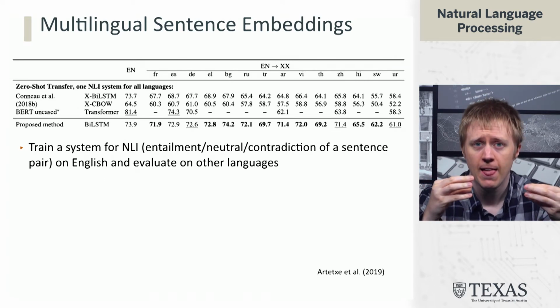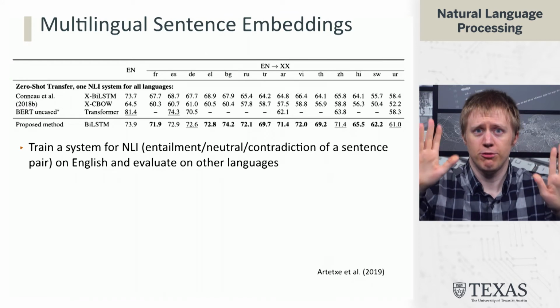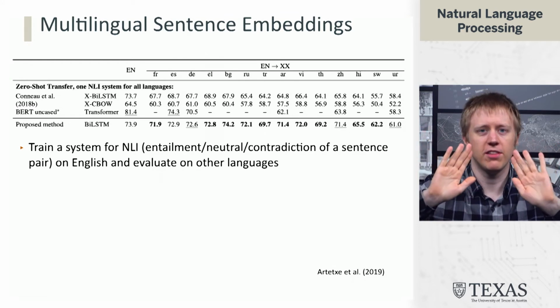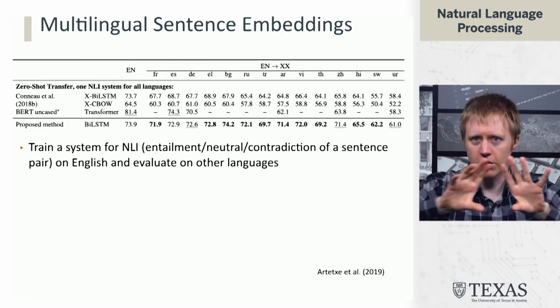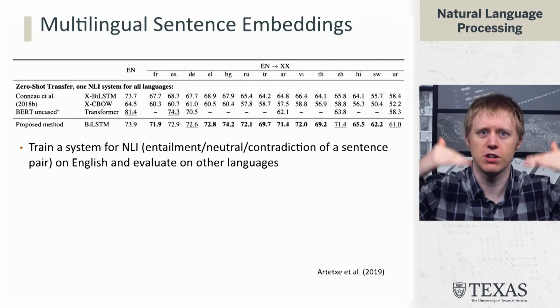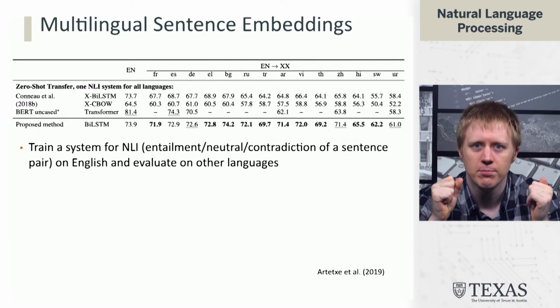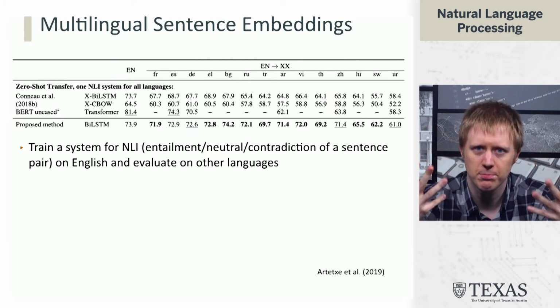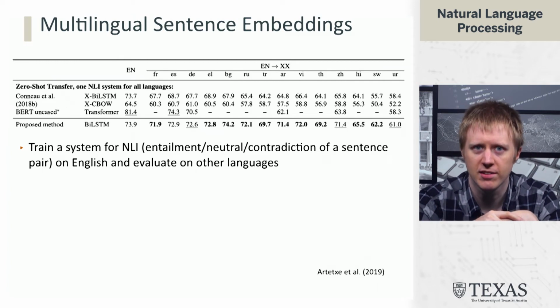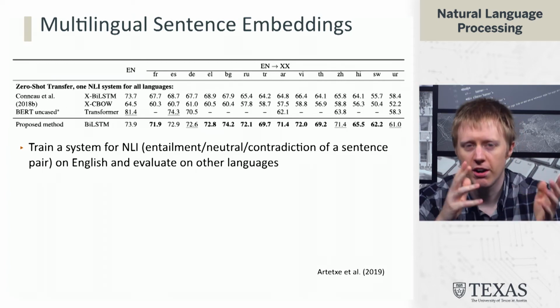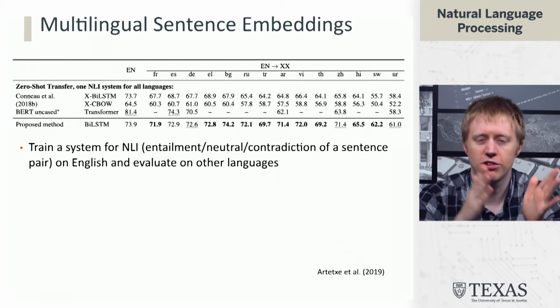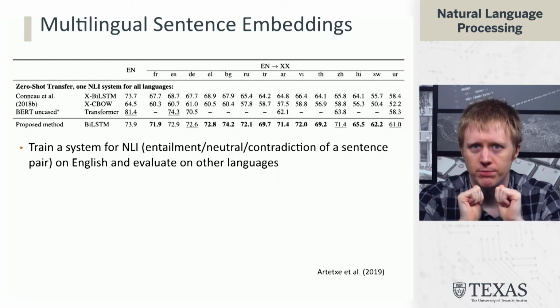And then they can swap in French sentences into their encoder, right? Their encoder, which is shared across all languages, should encode those French sentences into the same representation space as we had for the English sentences. So then our NLI model, which is trained on English, should then work for these as well.